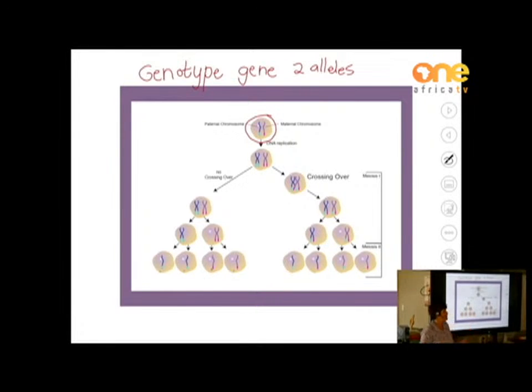But it does not happen like that. We have crossing over, and then we have this separating, and they separate in different shapes and sizes, and therefore already to form the gametes during meiosis.